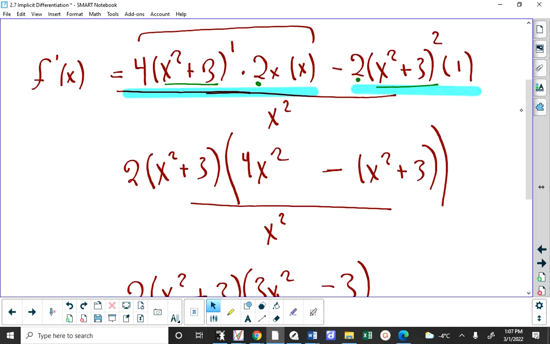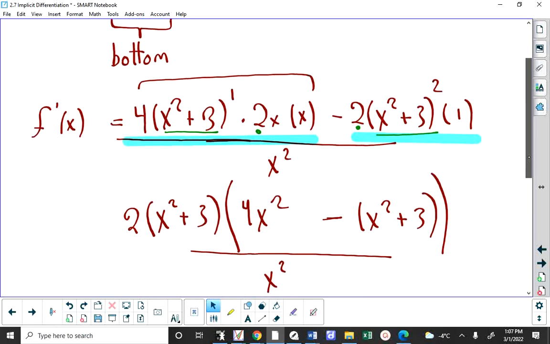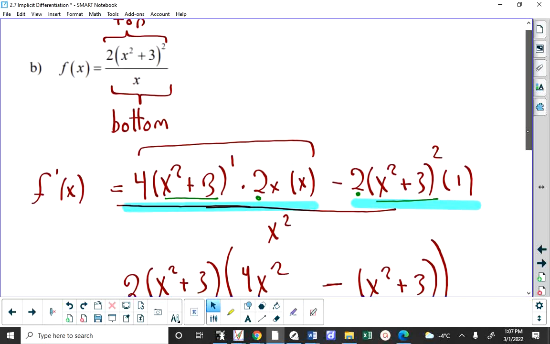Was it 2x squared plus 3 over 2? Was that on top? So there's the top. I'm just confused because we took, yeah, I'm just overthinking. No, it's okay.